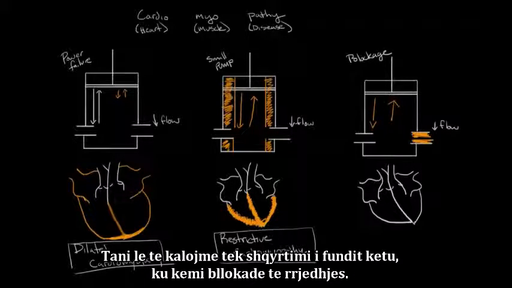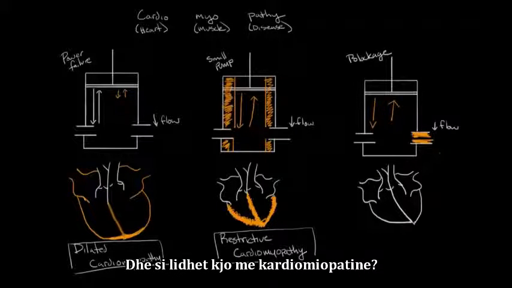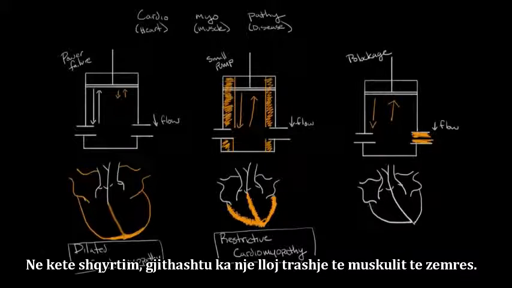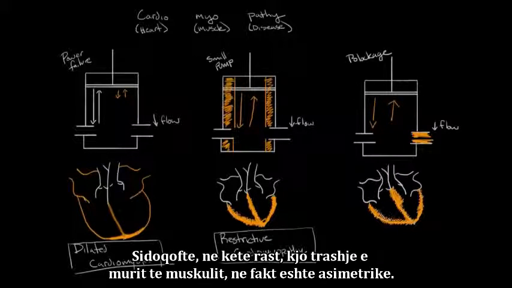So now let's go to this last example here where we had a blockage of the outflow. And how does this relate to a cardiomyopathy? Well, in this example, there's also this thickening of the heart muscle. However, in this case, this thickening of the muscle wall is actually asymmetric.